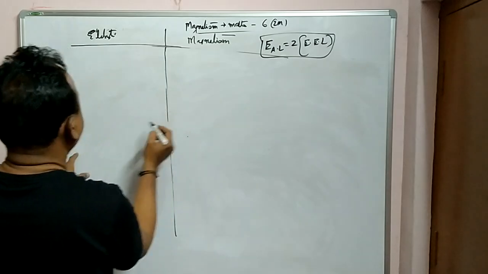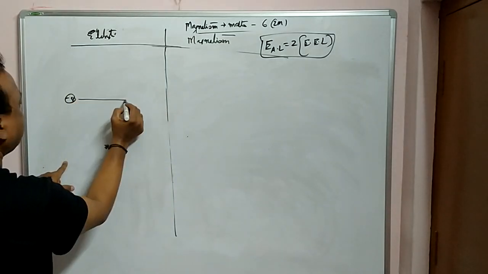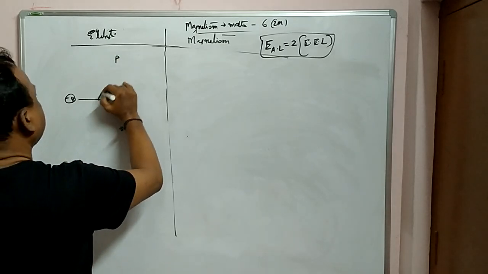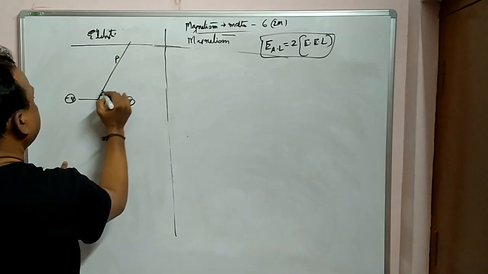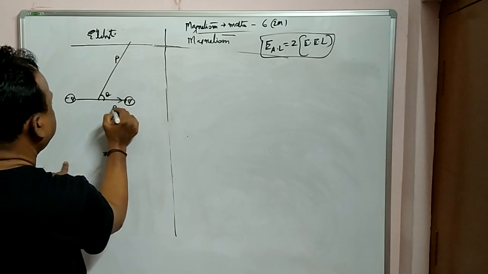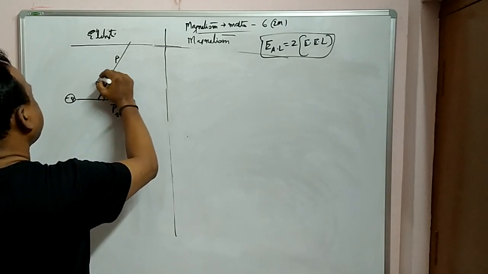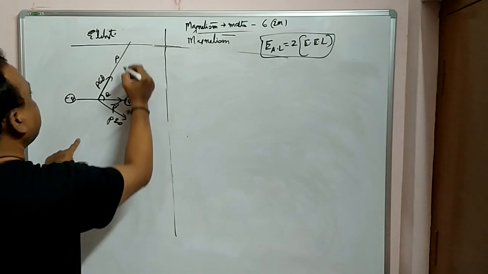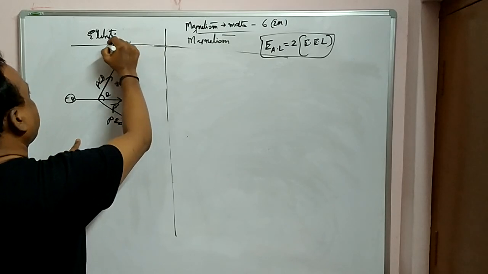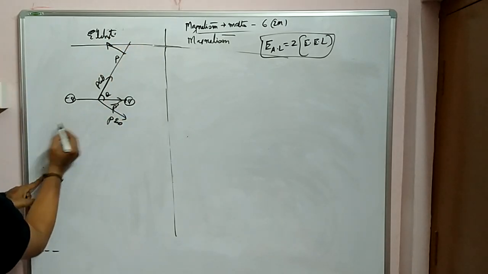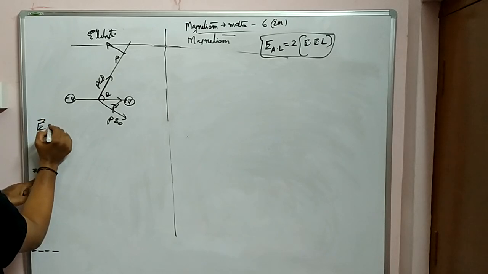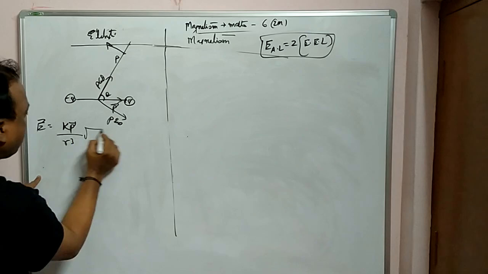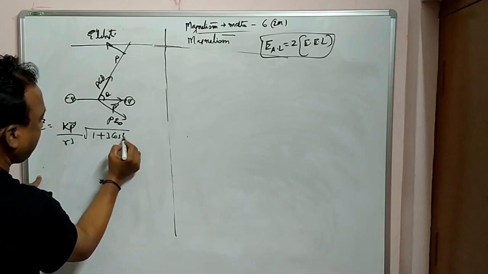For example, minus q, plus q, at somewhere a point P, at some angle theta. This is the magnetic moment direction vector. This is p cos theta, and this is the component p sin theta. So this is the axial line, this is the equatorial line. If this is the case, E is given by k p by r cube into root over 1 plus 3 cos square theta.